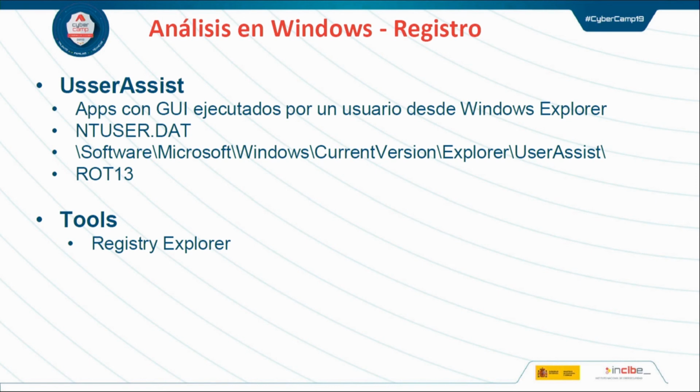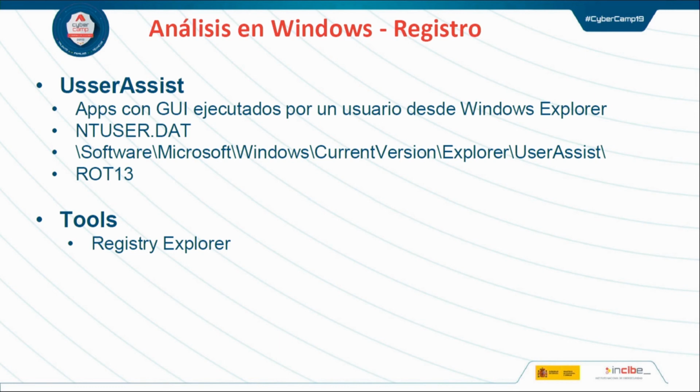Now, another element that can give us useful information is user assist. This is another registry key which stores the applications that a user has executed. If you remember when we were talking about Prefetch, the applications that are executed in the system will create a prefetch every time they're being executed.